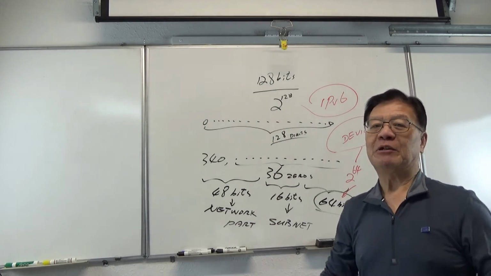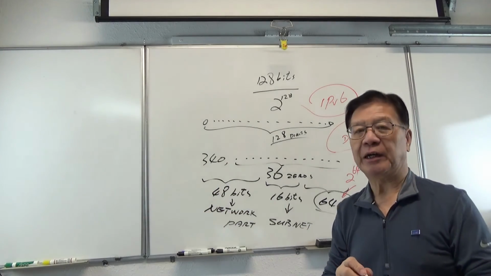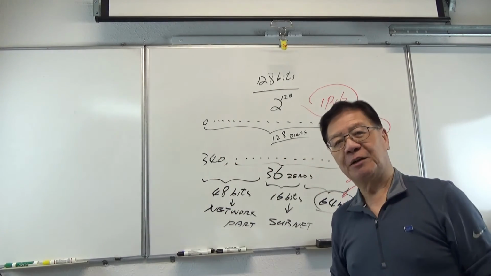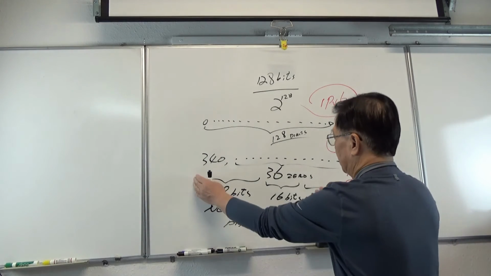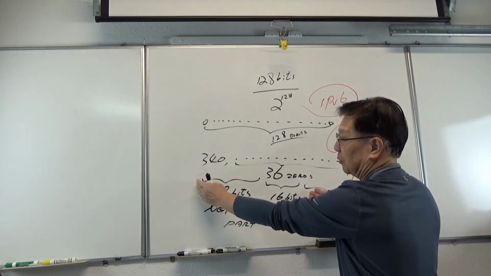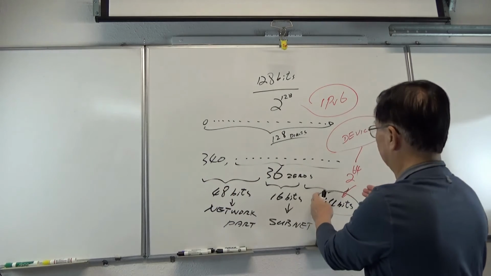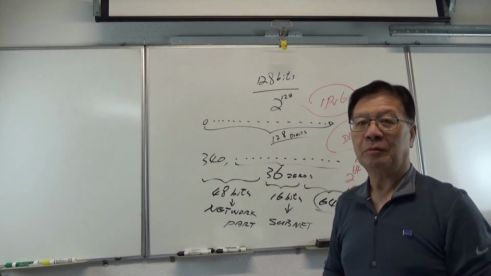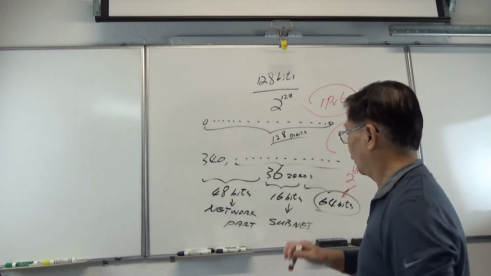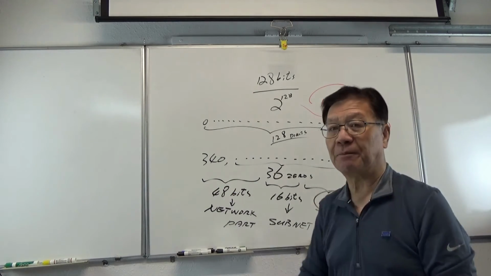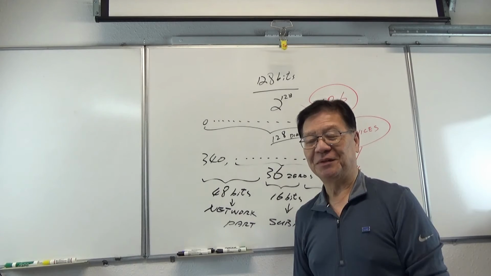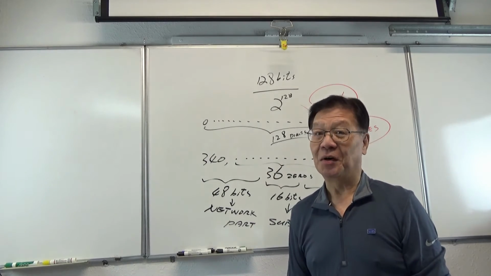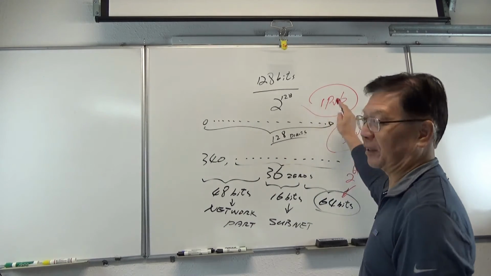So that means we don't have to say this one is global and that one is local, here is for global, for public, and here is for local. For local, 64 bits is much more than enough. That's IPv6.